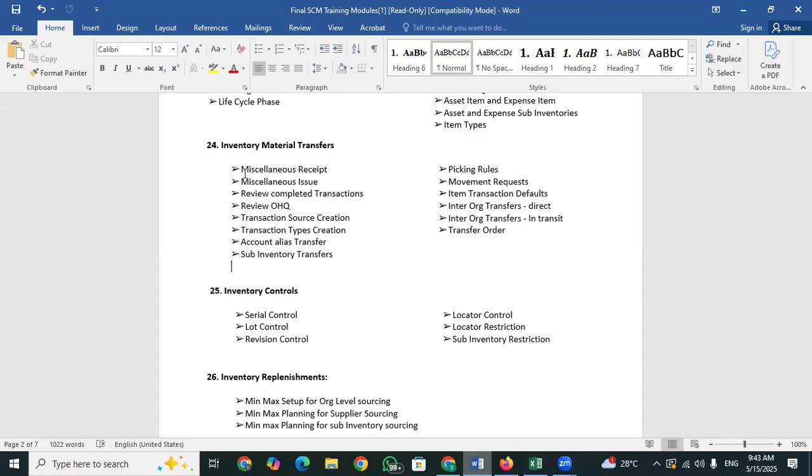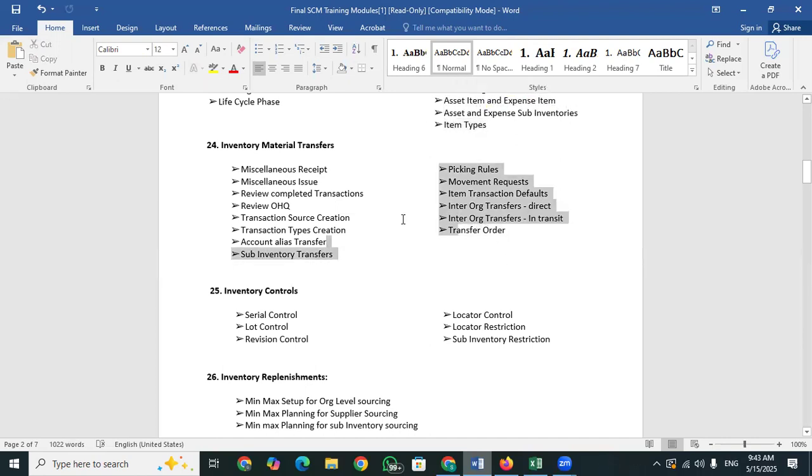Sometimes it is sub-inventory to sub-inventory. That means once we receive the material in staging sub-inventory, we move the material to stores. Sometimes the material moves from stores to shopping, right? All these types of transactions are possible once your inventory setups are completed.